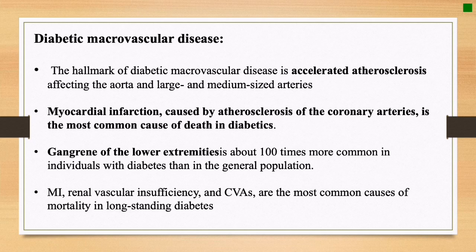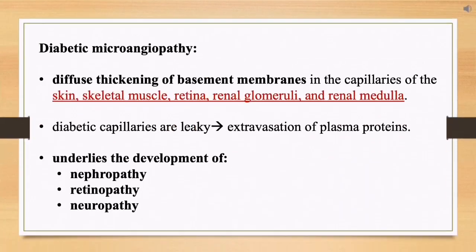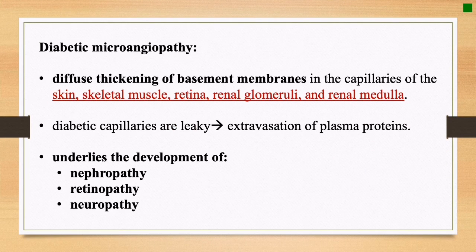So myocardial infarction, renal vascular insufficiency, and CVAs, which are the cerebrovascular accidents, are the most common causes of mortality in long-standing diabetics. Diabetic microangiopathy is another complication.